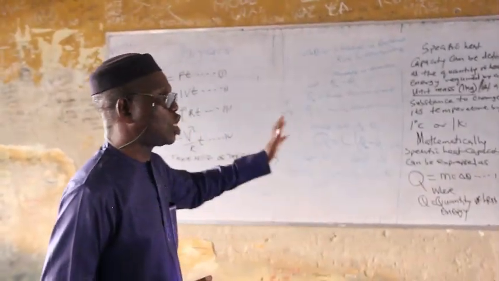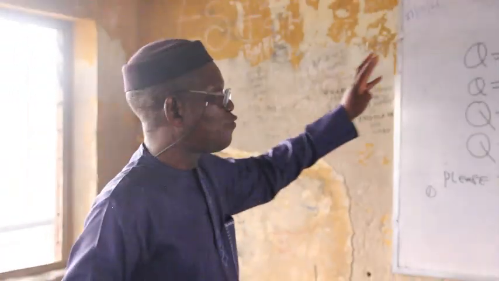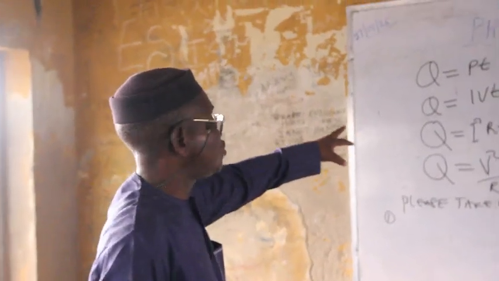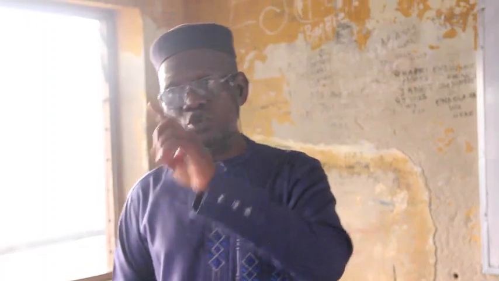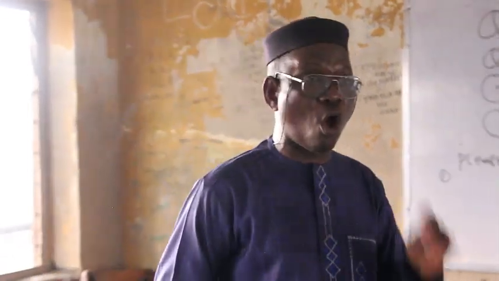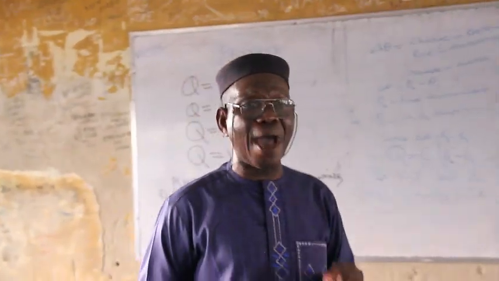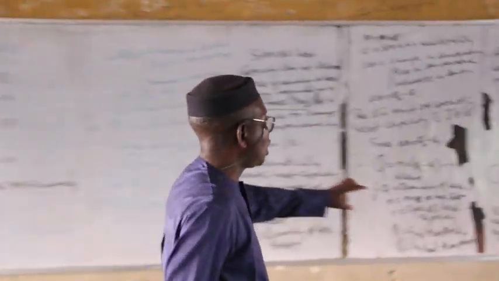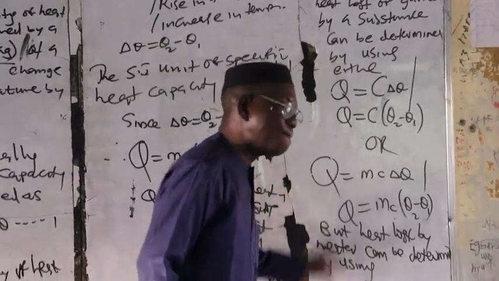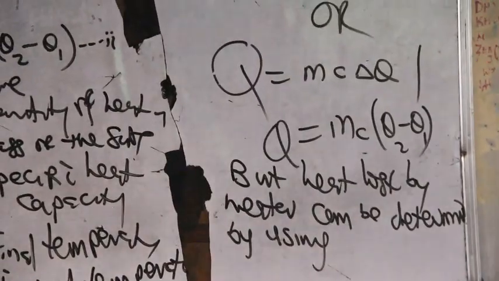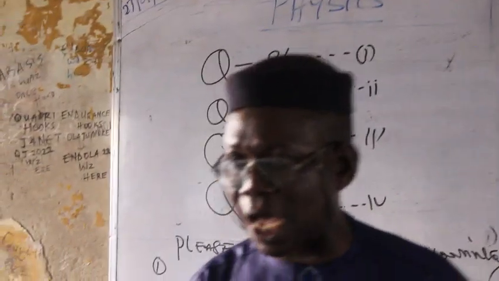Our relationship is just to divide the heat capacity by the mass. And you are also told that to determine the heat loss or heat gain by a substance, we use this expression, this or this. But for heat capacity, these are the expressions to determine heat loss by the heater.